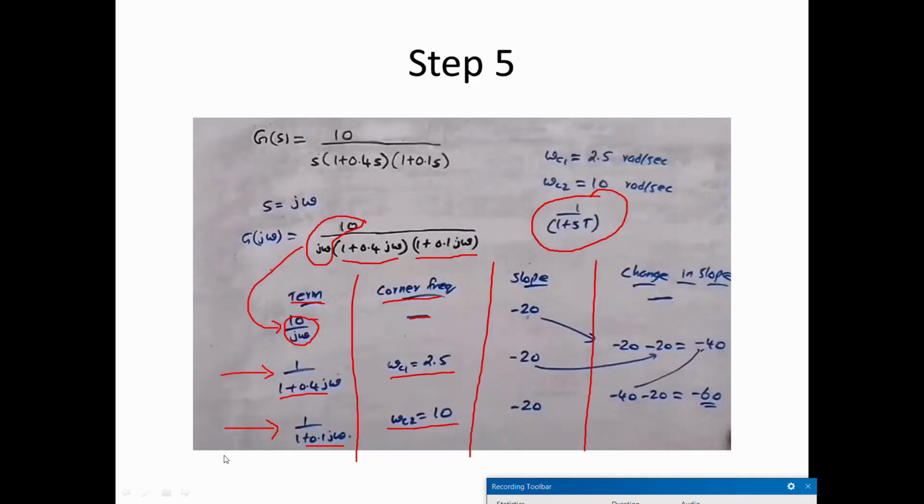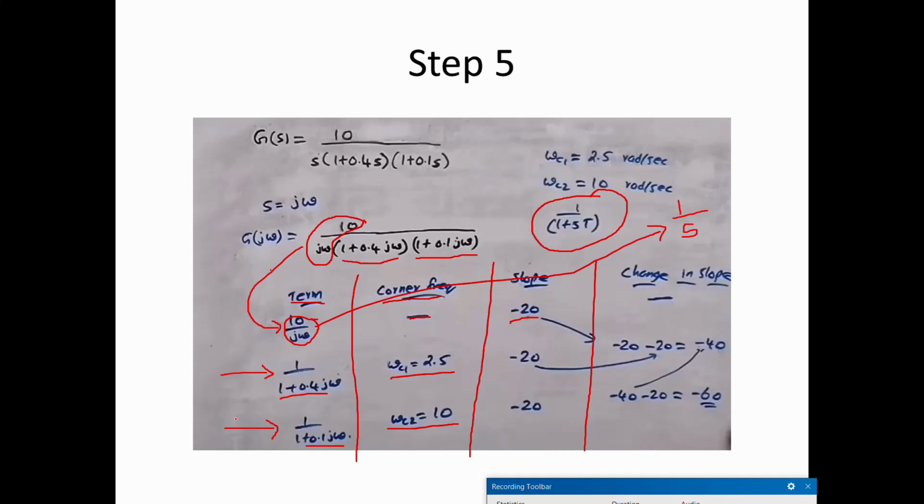So after this, the critical part is to finalize what the slope is. Suppose the term is 1 by s, then the slope whatever we have taken is minus 20 dB.